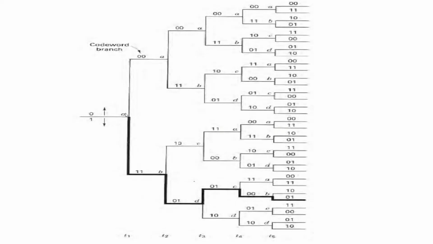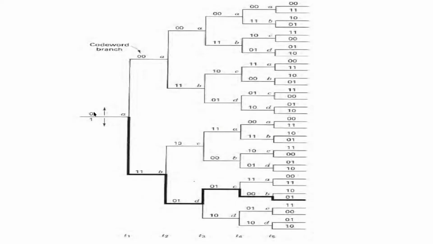Suppose the encoder is in state A and the input bit 0 comes. What will be the next state of the encoder? It will be A. So whenever the input bit 0 comes, you have to move upwards. Whenever input bit 1 comes, you have to move downwards.